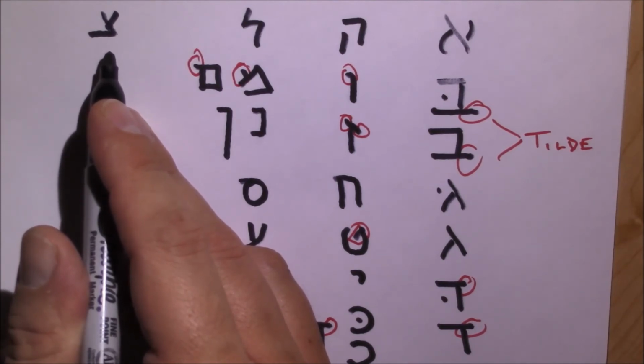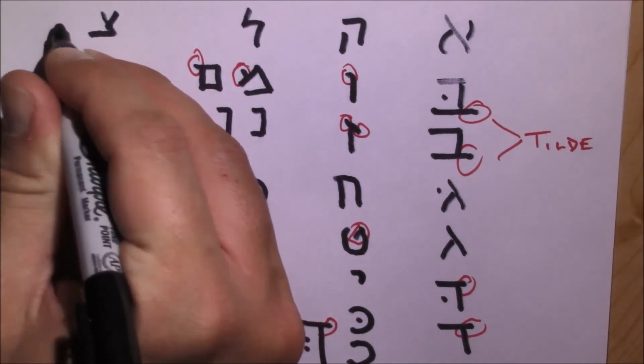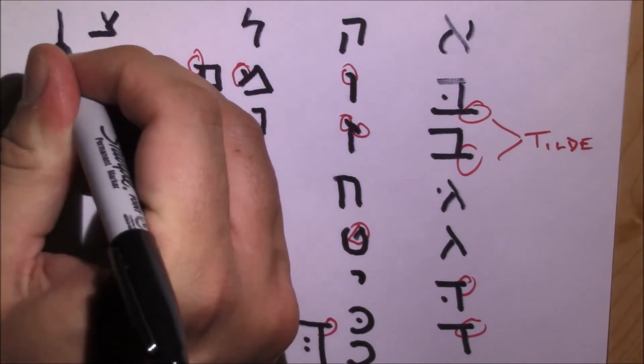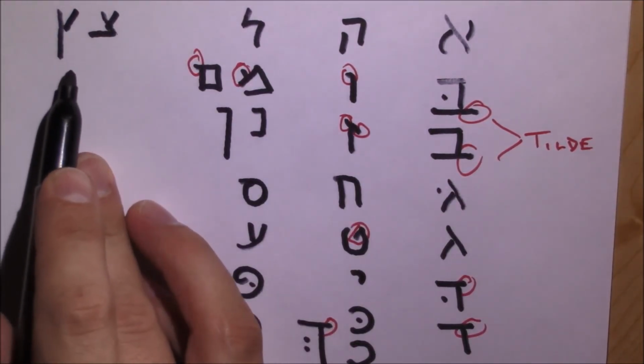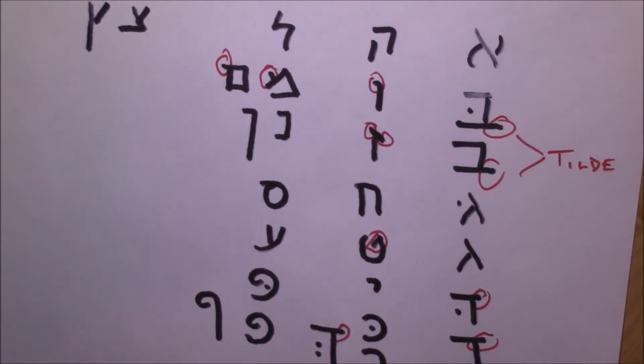You get the T and the S together as one sound. So ts is what you're looking for with tsade. And it also has a final form. It's as if, once again, you straighten this line out here at the bottom, but you still have the same branch off of it. And that will have the same pronunciation, whether it's in the regular or the final form.